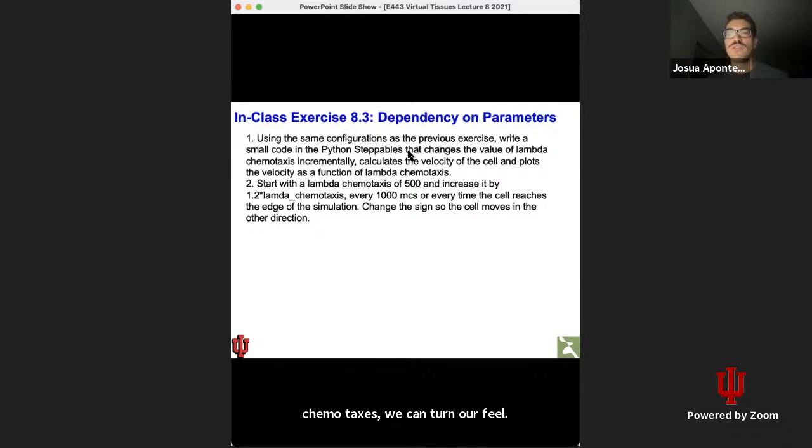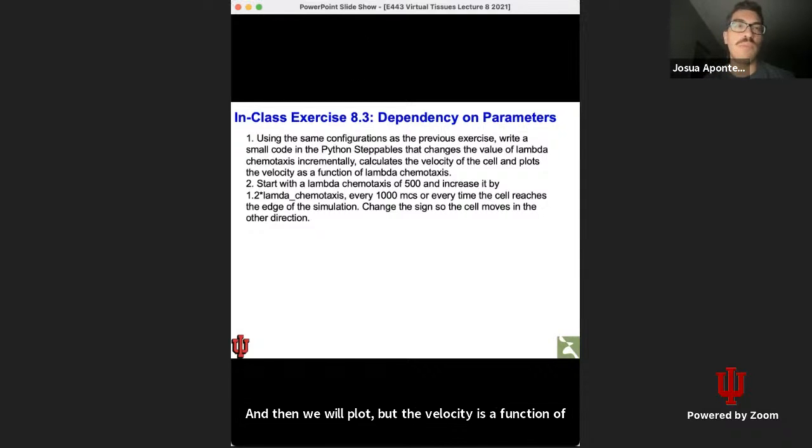Okay, and then as we change this lambda, we will record the velocity of the cell, by measuring the slope, because we know the cell reacts linearly to the gradient. And then we will plot what the velocity is as a function of increasing the lambda chemotaxis.